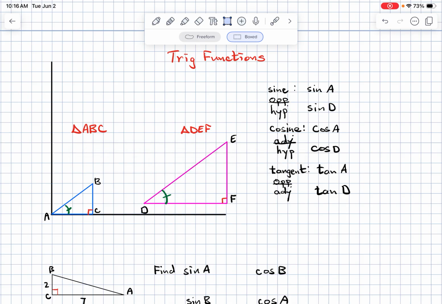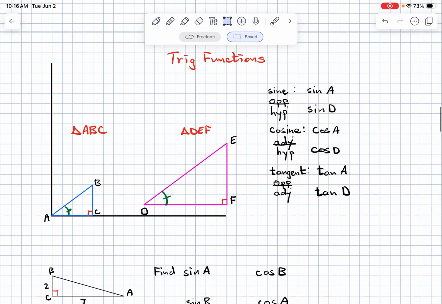So I'm going to take the sine of angle A. Let me illustrate what I just talked about. When we talk about the sine, S-I-N-E, we abbreviate that as sin, and then we put whatever angle. If I want the sine of angle A, I take the length of the opposite side and put it over the hypotenuse.